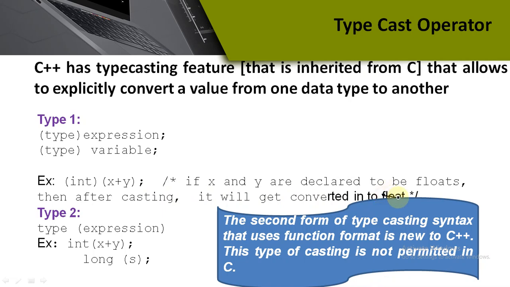Actually, it's not float, it will be converted into integer. So it is cast. The expression will be changed. Type expression, int(x + y), long s. These are some of the examples.